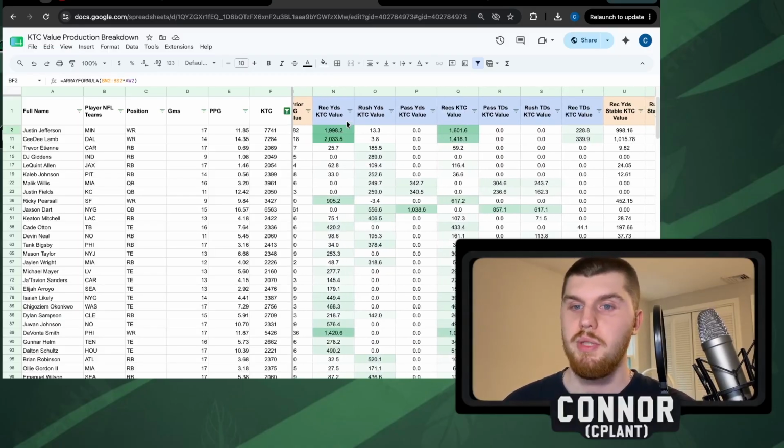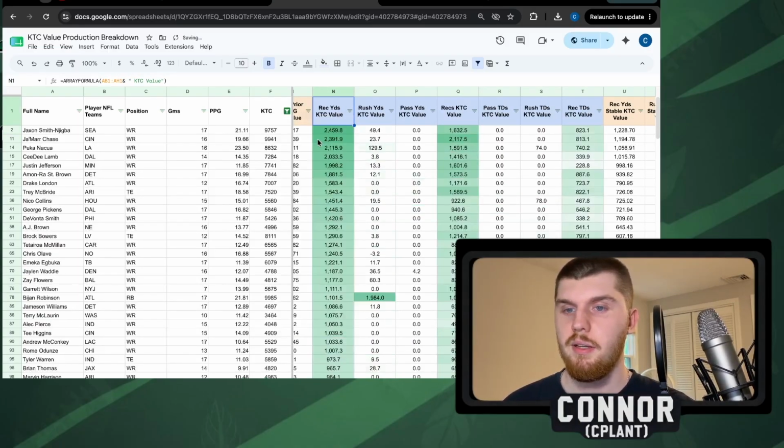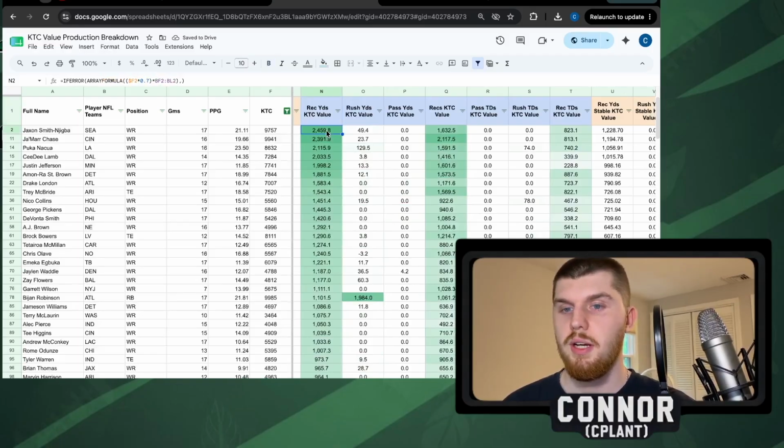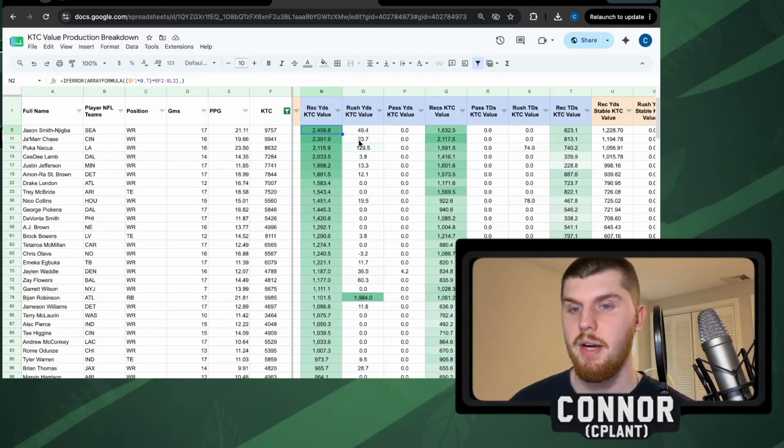So it's really cool because you can see, okay, Jackson Smith-Njigba has about 2,500 KTC value points based on his receiving yards per game last season.